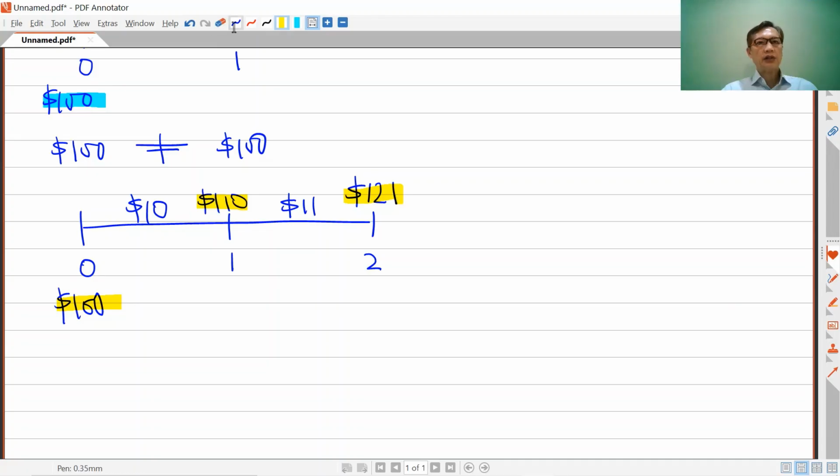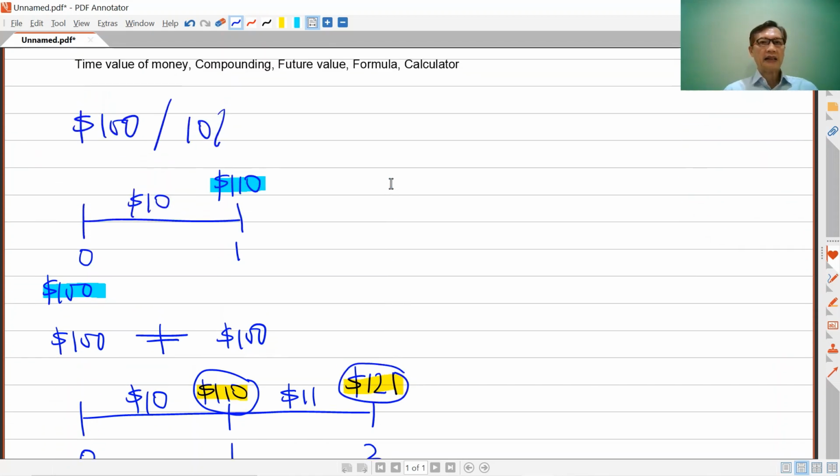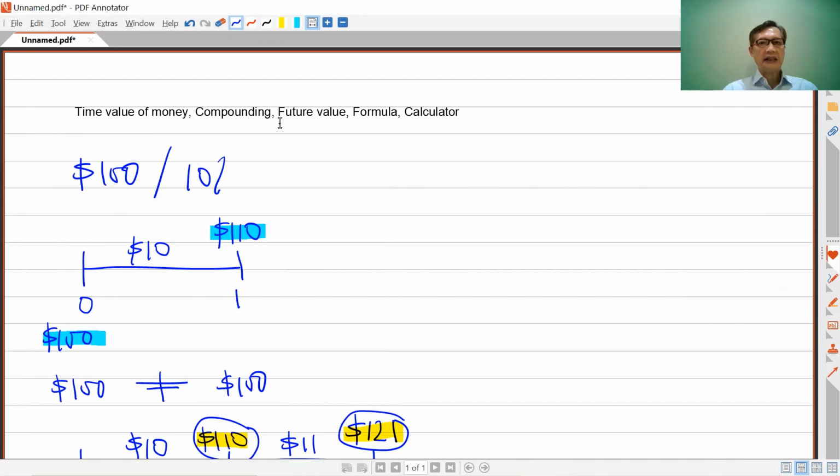So we can now introduce what the future value is. So $100 right now will have a future value of 110 in year 1, and a future value of 121 in year 2. So that explains the future value here.